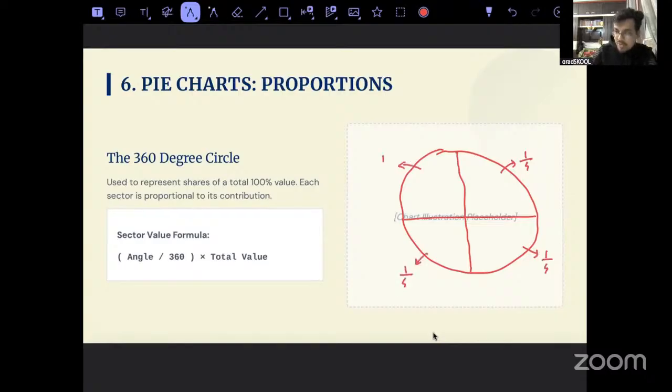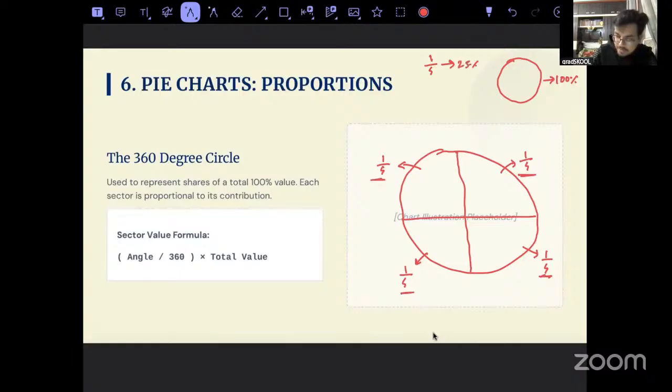Also, you must be knowing one more concept, which is this is 100%. So 1 by 4 is how much? 1 by 4 is 25%.